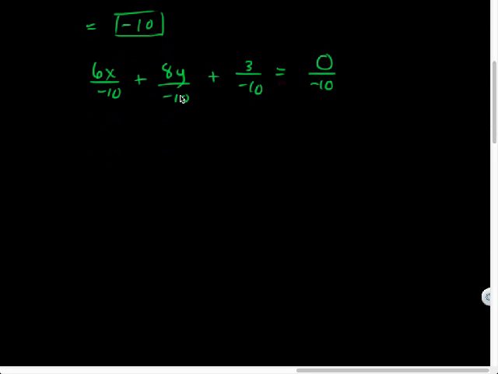Let's simplify these: negative 3/5 x minus 4/5 y minus 3/10 equals 0. So now this is technically in normal form.